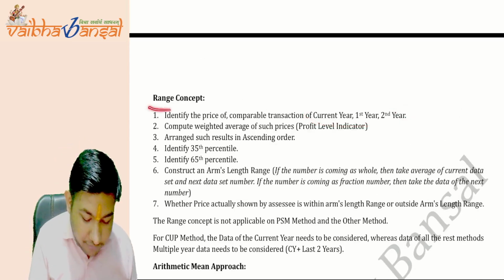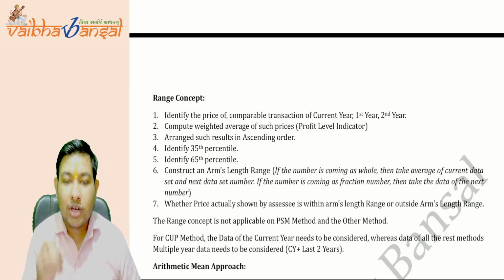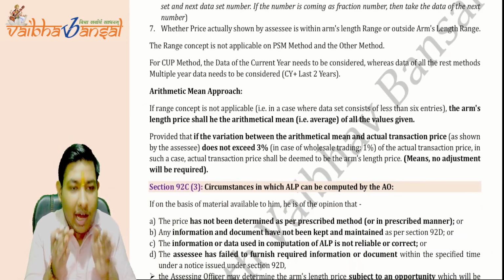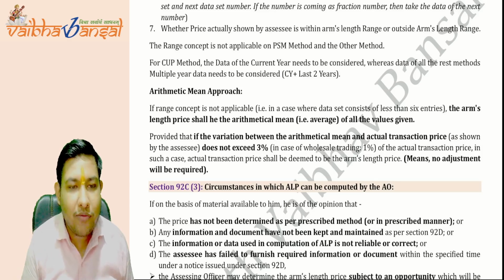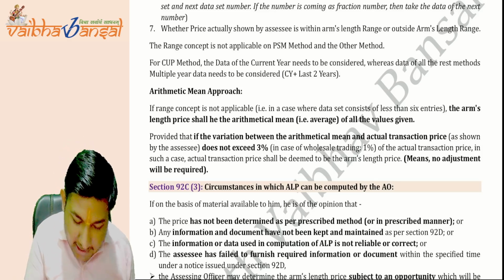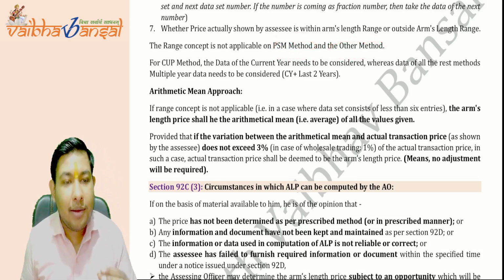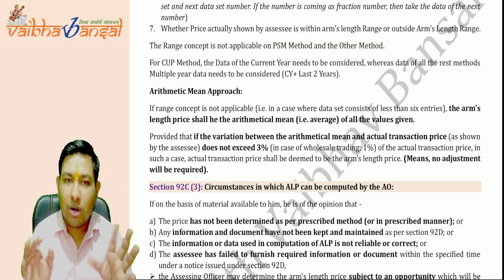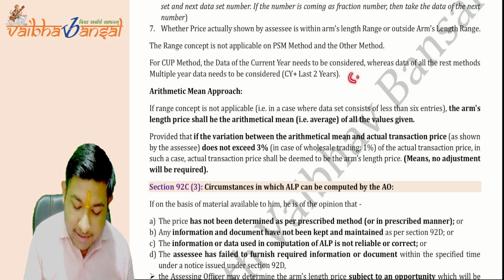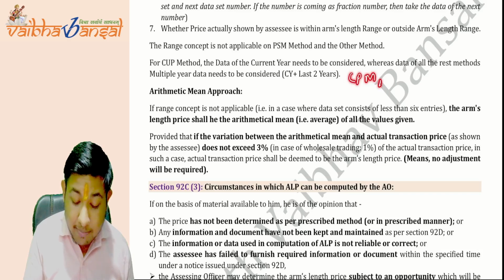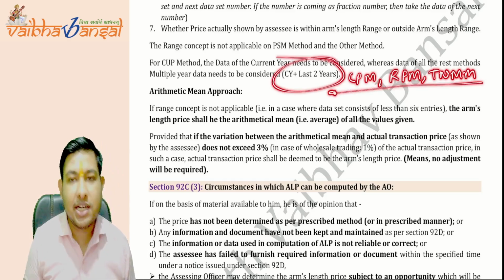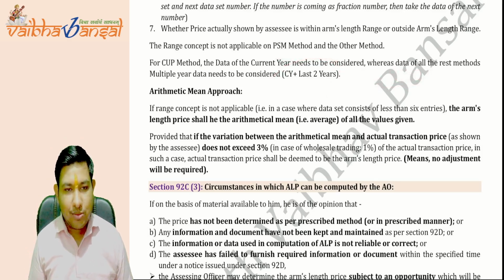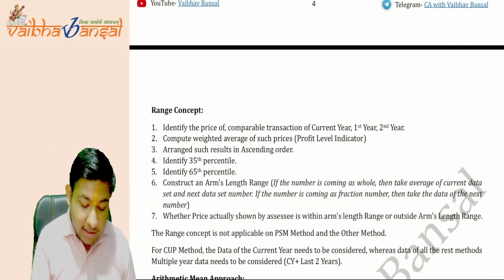These three years of data are for the range concept only, right? So otherwise than the CUP method, all the rest will be for 3 years, but for PSM and the other method the range concept is not applicable, so we will not take those methods. The only methods left are CPM, RPM, and TNMM. Only for these three methods we will take the 3 years data, if given in your question. Is this point clear? Now, we have completed the range concept.